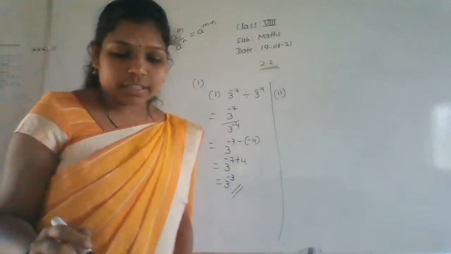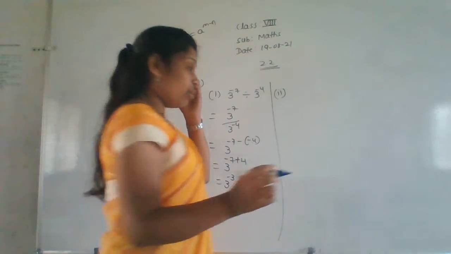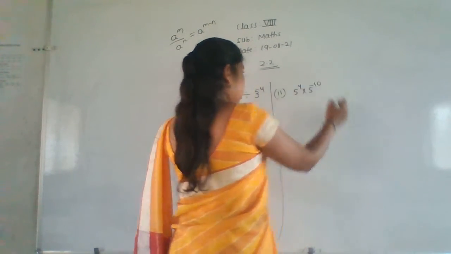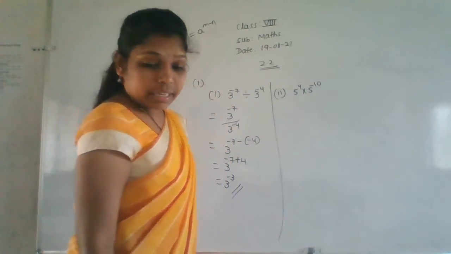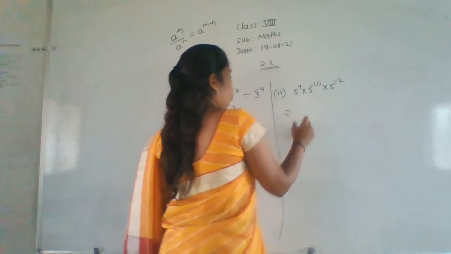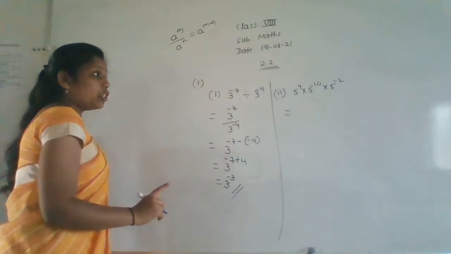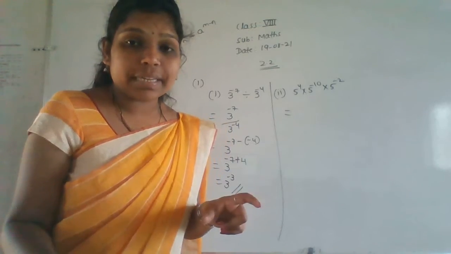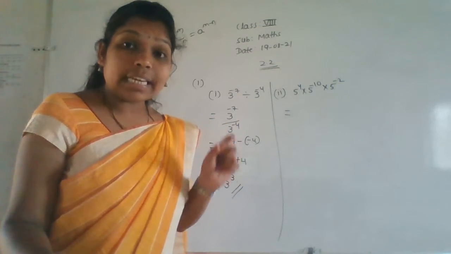What is the second one here? 5 to the power 4 into 5 to the power minus 10 into 5 to the power minus 2. Whenever there is a multiplication, we have to add the powers.